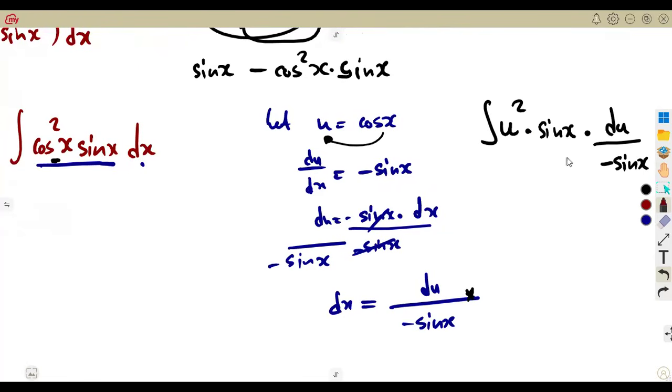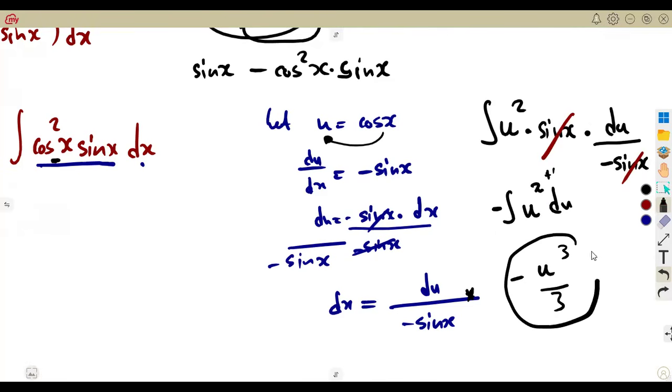Remembering that the sine x will always cancel, we are left with a negative there. So it's negative the integral of u squared with respect to u. This is u raised to the power of 2. How do you integrate? Add a 1 on the power. So it's going to be u to the exponent of 3 over 3.